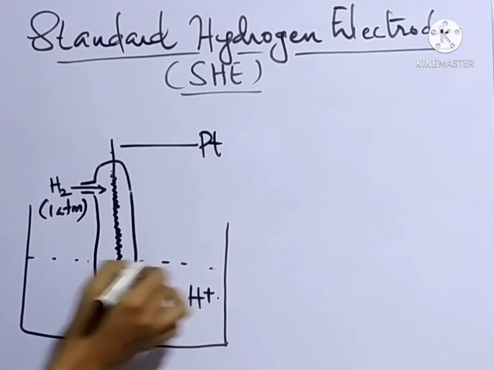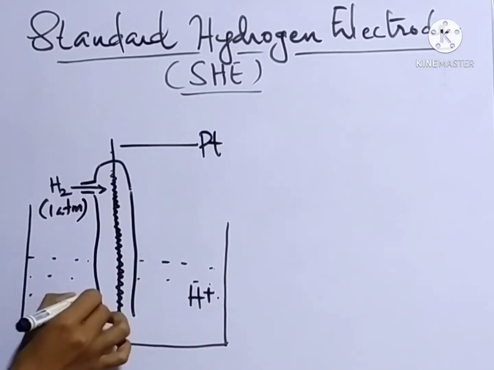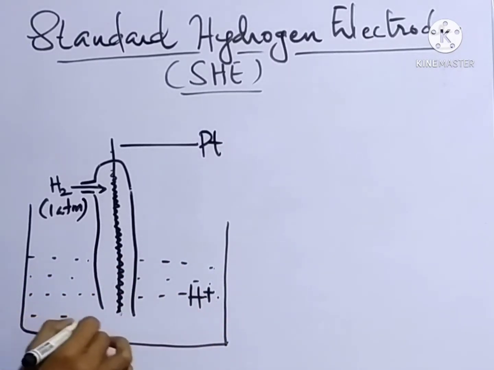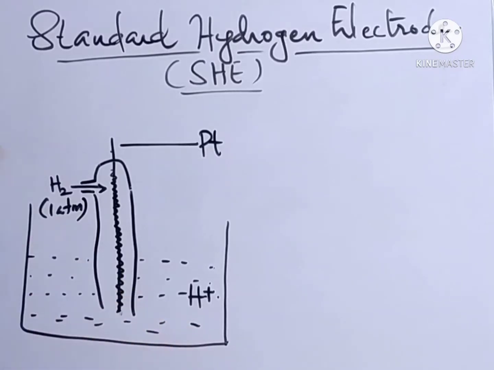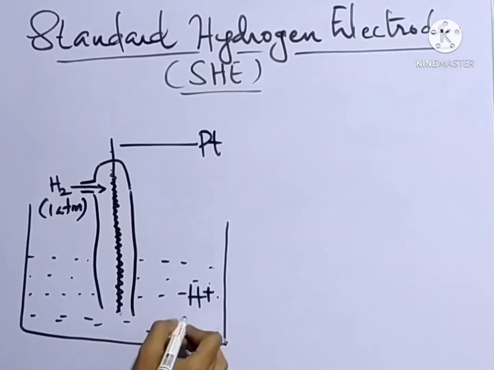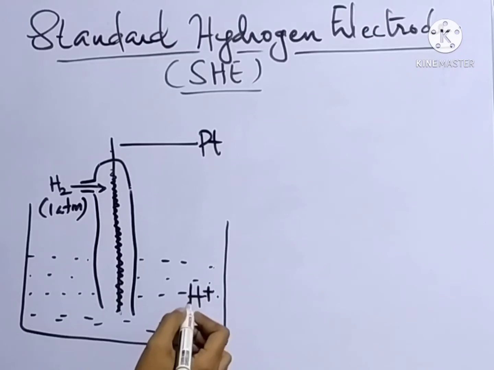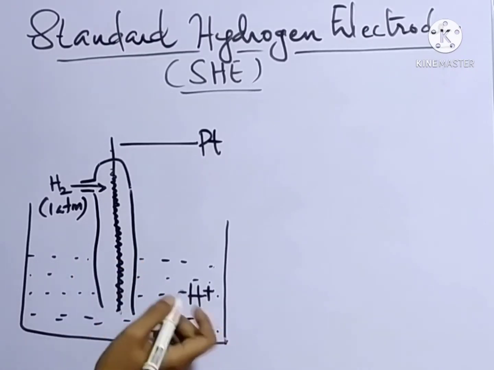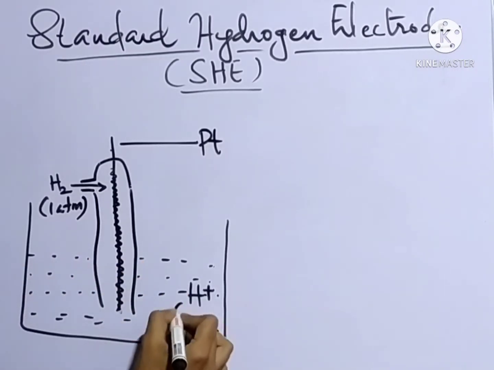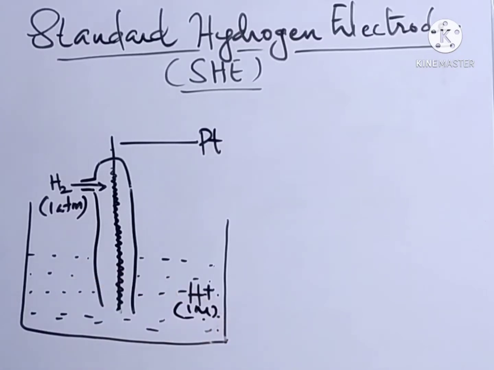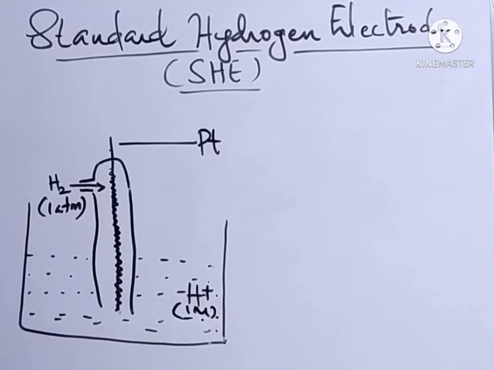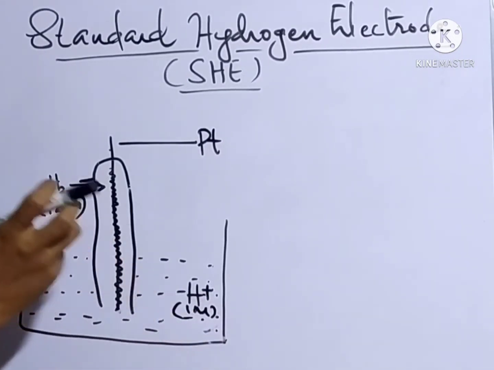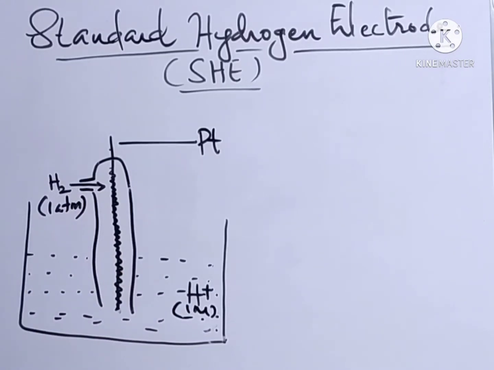So this is the construction of a standard hydrogen electrode or normal hydrogen electrode. Here the concentration of the H plus ions in the acidic solution used as the electrolyte is 1 molar, and the concentration of the reduced species and the oxidized species is maintained at unity.